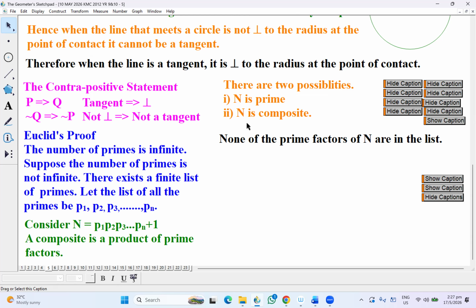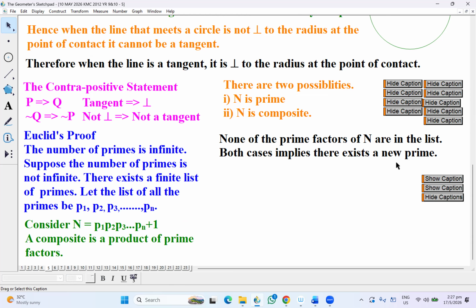Second condition, if it's composite, P1, P2 until Pn all are not factors because the number N got +1. So in both cases, if N is prime, we have a new prime. If N is composite, we cannot find a prime factor that is in our list. So that means there is also a new prime. One of the factors is a new prime.